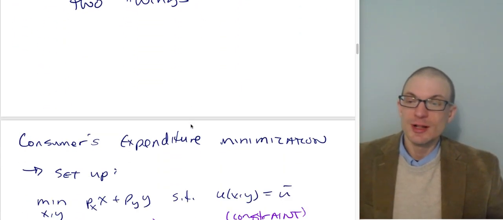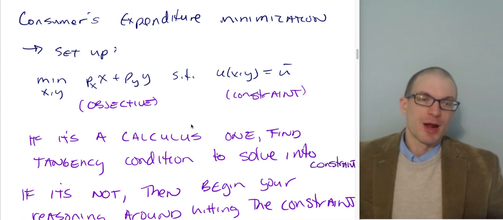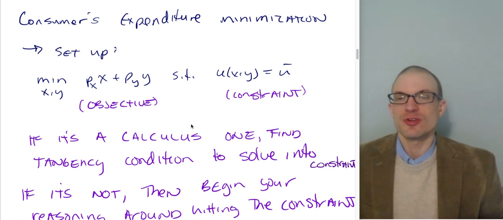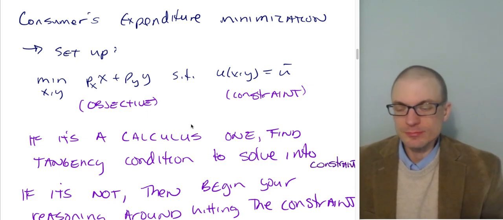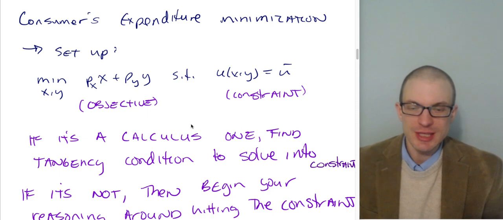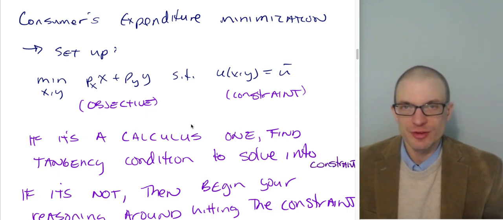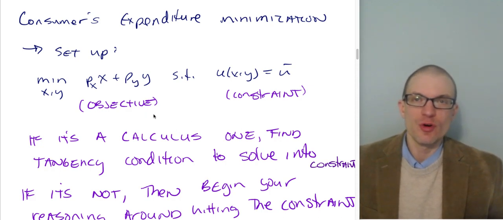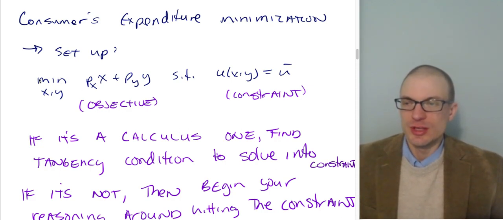Okay, so the other type of problem we saw was the consumer's expenditure minimization problem. Here, and I guess in general, with thinking about utility maximization, you want to keep clear what's the objective function and what's the constraint. So our format is always going to be either to minimize or to maximize some objective subject to some constraint.